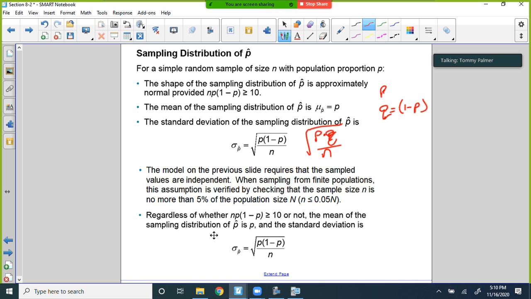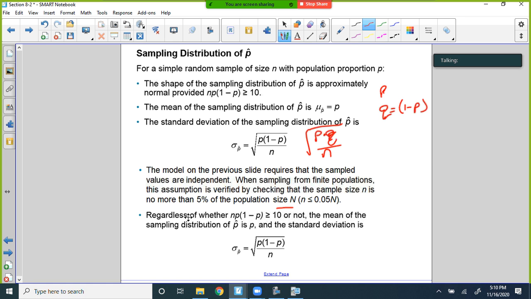The model in the previous slides requires that the sample values are independent, right? When sampling from finite populations, the assumption is verified by checking the sample size n is not more than 5% of the population, the big N. So if you think about looking at 10, 50, 100 people compared to the voter population of the United States, that is way below 5%.